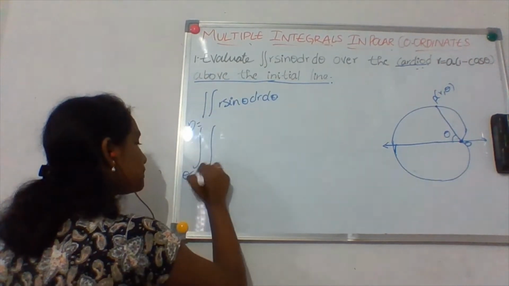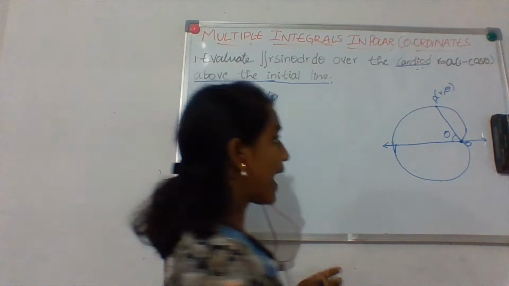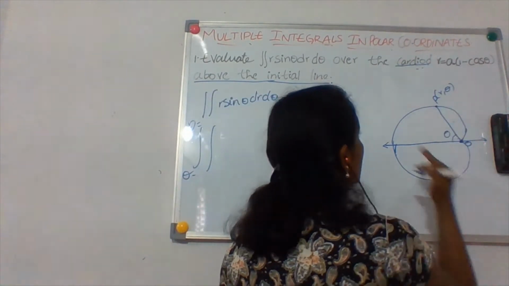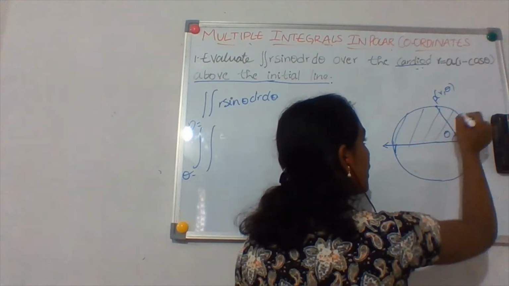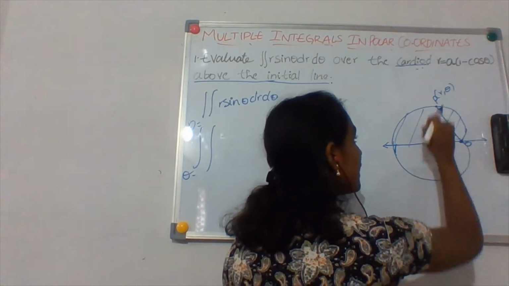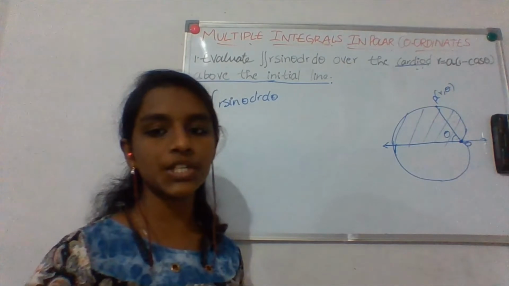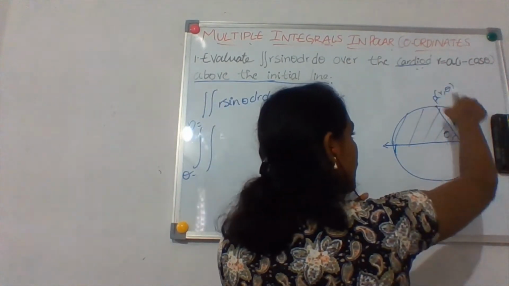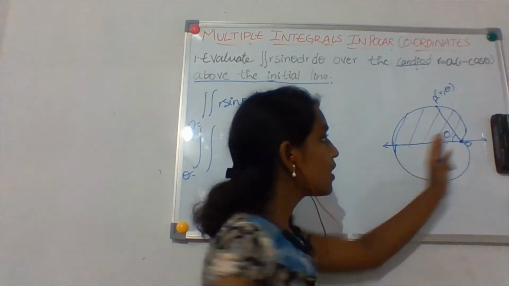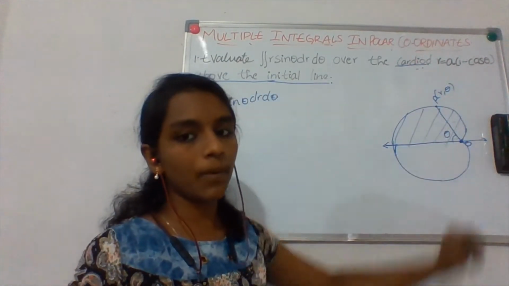Theta, okay. So how does theta vary? This is the reference line, and you have to find the double integral for this only, because he told you above the initial line. This is the initial line, and this is the area above the initial line. Got it? Yes. So now this is the reference, this is the line that is formed from the reference point to the given point, right?